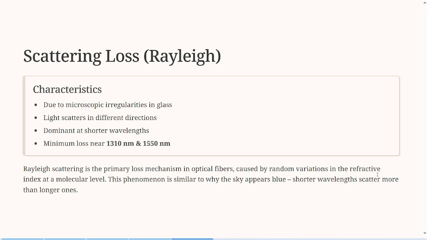This loss is stronger at shorter wavelengths, which is why optical communication prefers wavelengths like 1310 nanometer or 1550 nanometer, where scattering is minimal. The graph for these we will see in the second last slide. Rayleigh scattering is also responsible for why the sky looks blue. Shorter wavelengths scatter more.